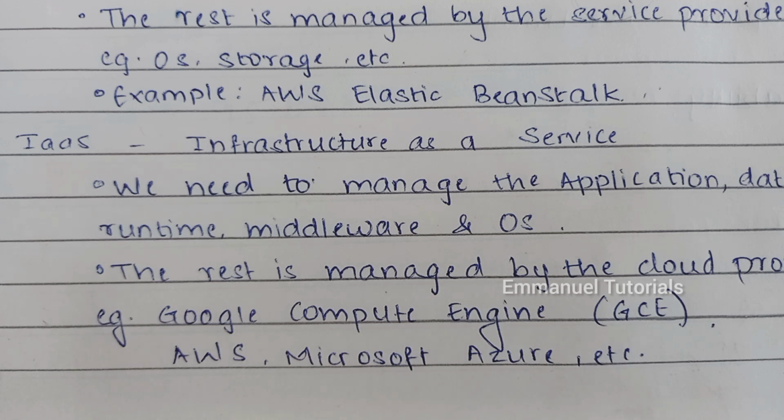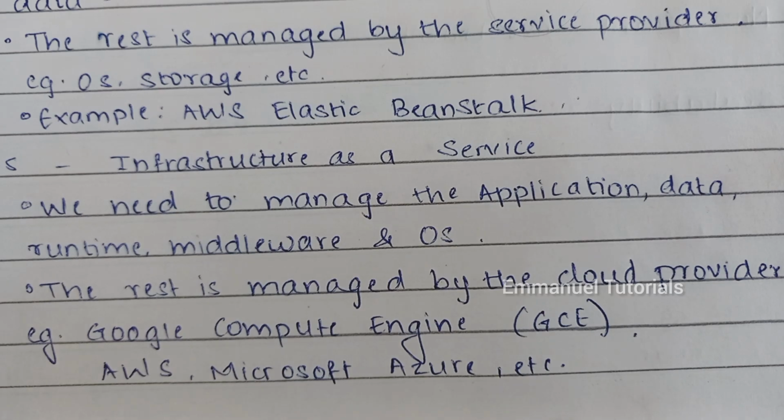Now the next one is infrastructure as a service. Under infrastructure as a service, there are some additional responsibilities that come with the service user. For example, we saw under platform as a service that it is the user's responsibility to manage the application and the data. In case of infrastructure as a service, in addition to the application and data, the service user also needs to manage the runtime, the middleware and the operating system.